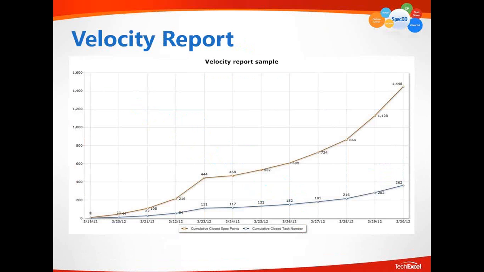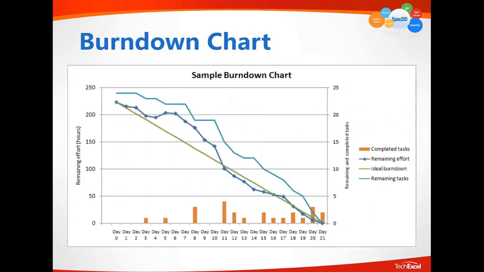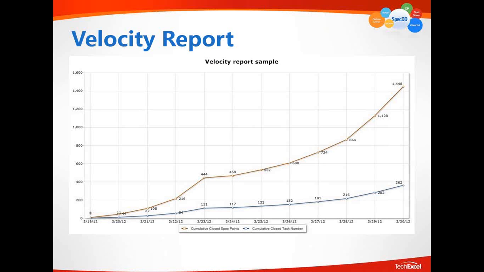Here's the velocity report. The velocity report takes a slightly different approach. It associates each task with points and uses such points to measure the size of the task, so that as you finish the task, the points get accomplished, representing the value you have contributed to the working software as a Scrum team.